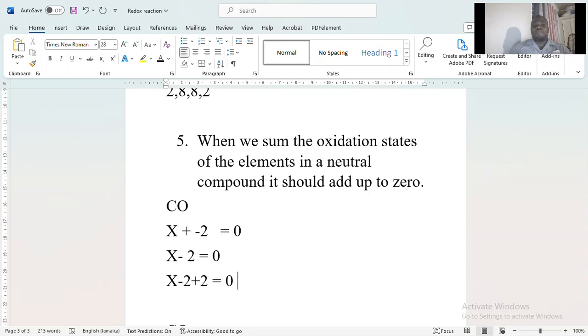The concept is what I do to one side of my equation, I have to do to the other side of the equation. So I have to add 2 here. And so X, which is representing carbon, its oxidation number is a +2. And when you plug it in, +2 -2, when you add both of them, you're going to get a 0.